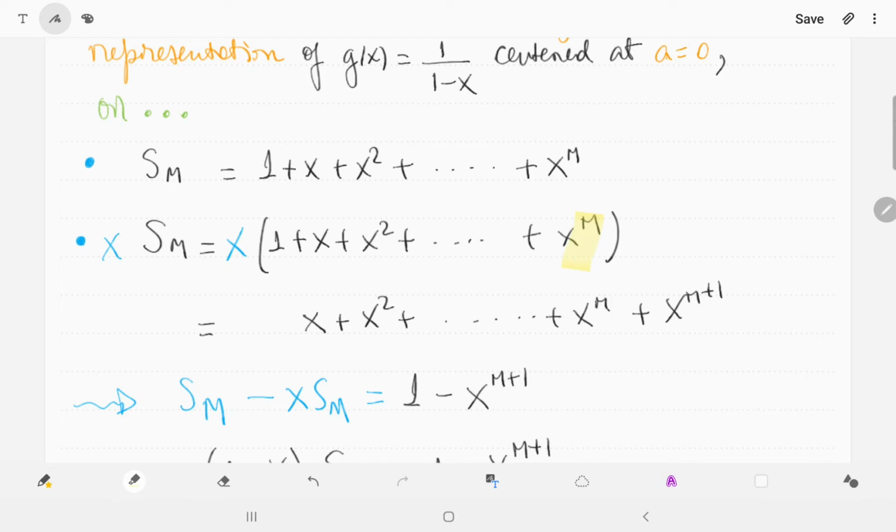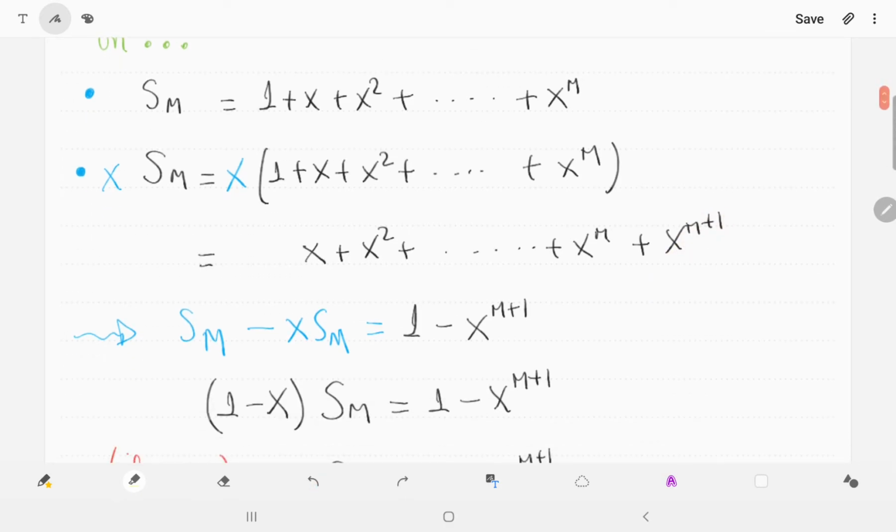So the last one would be m, the power would be m plus 1. Then if we subtract these two lines, this one minus this one, what we get is, on this side of the identity, everything will kill itself, let's say, apart from 1 and x to the m plus 1.